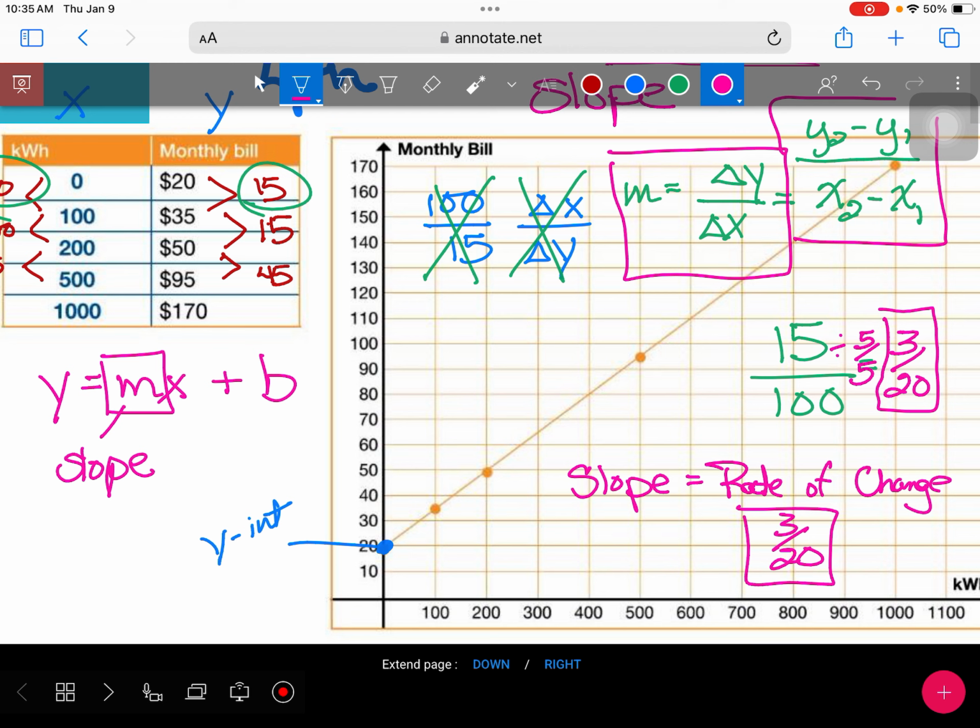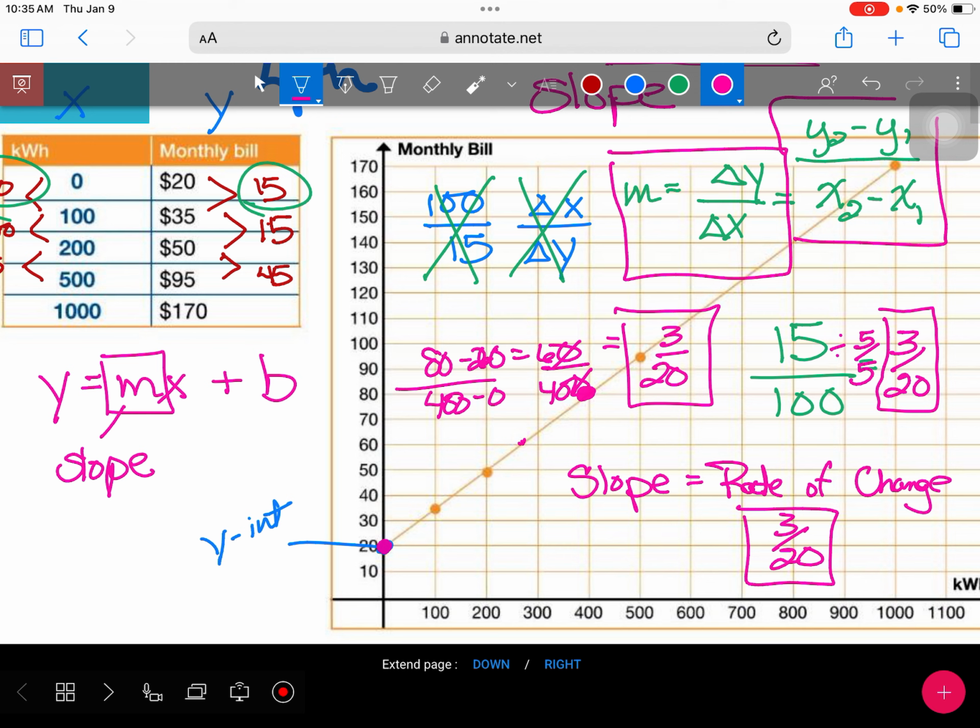It could be any point along here. If I pick this and this, change in y, 80 to 20, that is 60, divided by 400 to 0, which is 400, which simplified also would be 3 over 20.